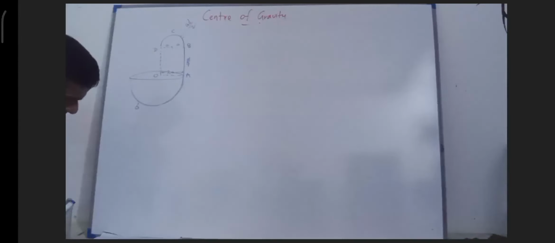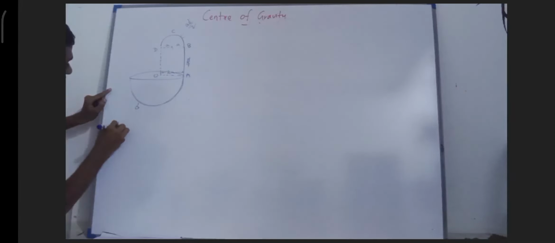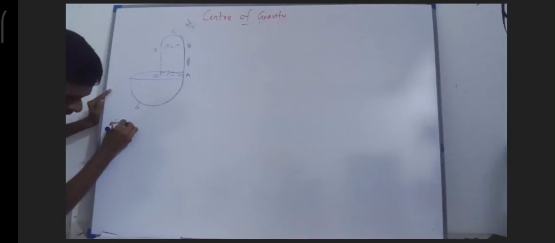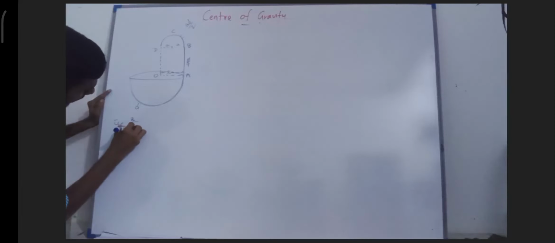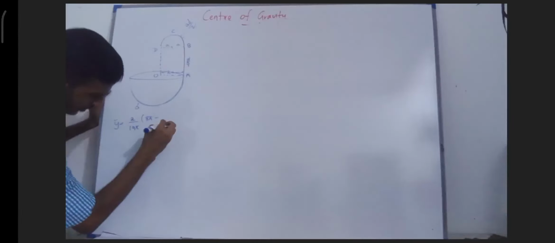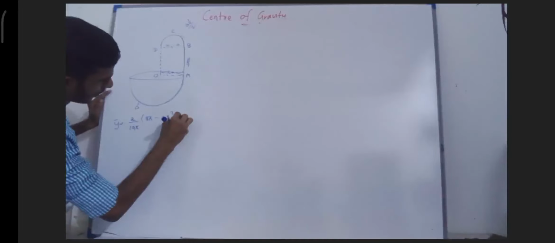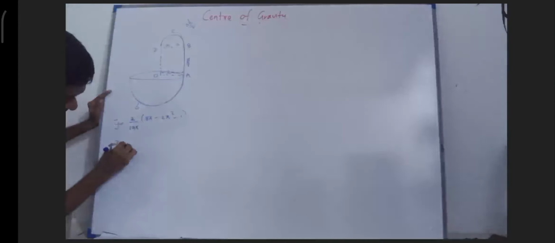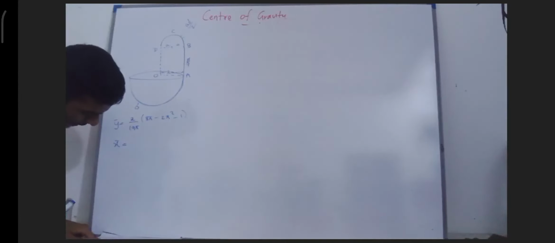Okay, very simple. Now show that the center of mass of the spoon lies at a distance below OA. So below OA, y bar is given. y bar is equal to, we have to prove, 2 by 19 pi into 8 pi minus 2 pi squared minus 1. Then x bar is a distance from OD.